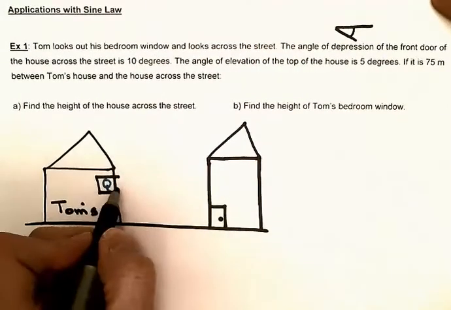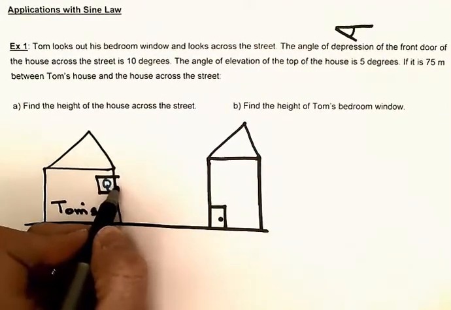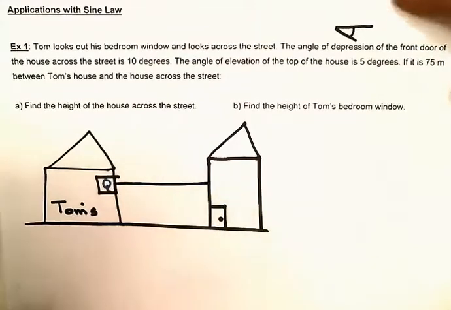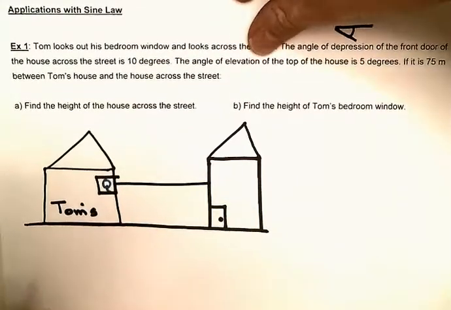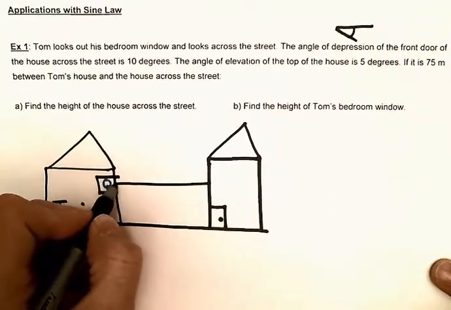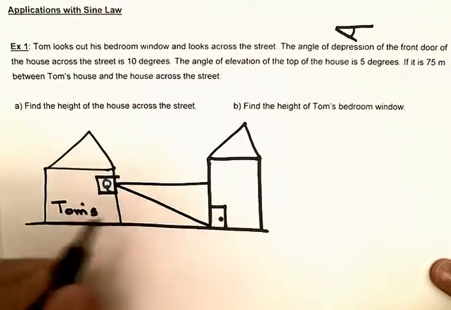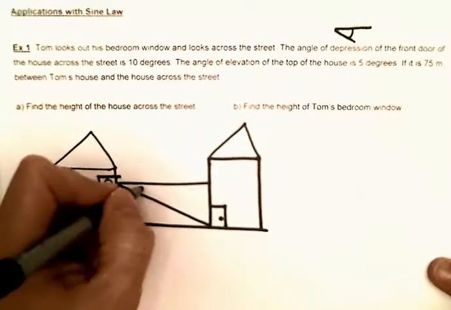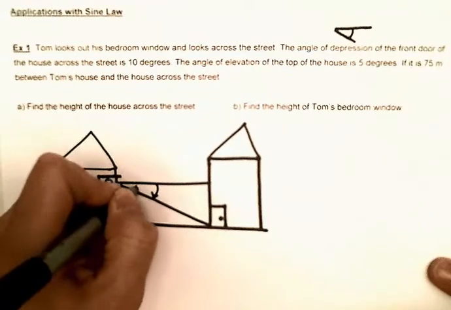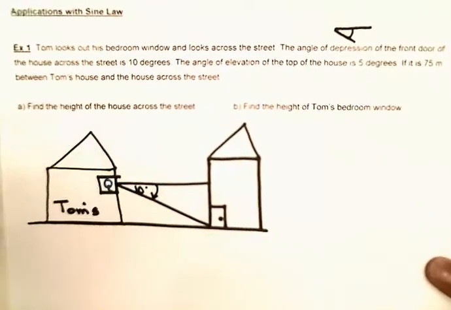So if he was to look straight across, Tom would see the house. But it says he looks at an angle of depression of 10 degrees to get to the bottom of that door. So he's actually looking down there, and he's depressed down 10 degrees.